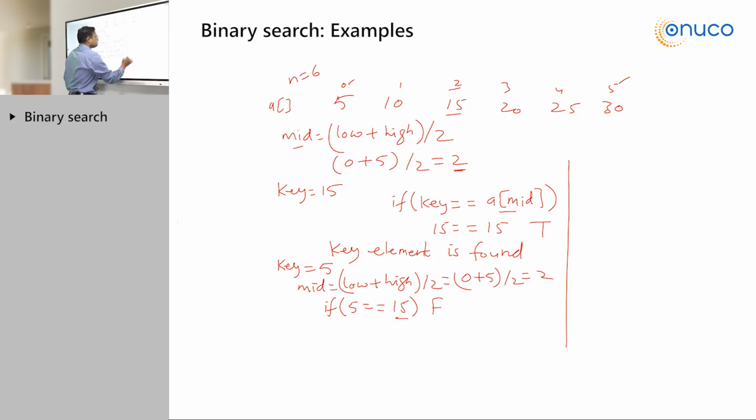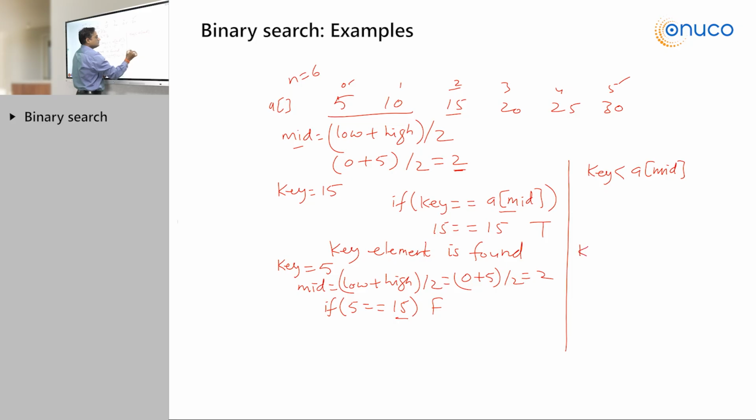So remember that. If it is not equal, then there are two scenarios. Maybe key is lesser than A of mid. If key is lesser than A of mid, it means we have to search in the left side of the mid element. Means we are going to search in this part, right?